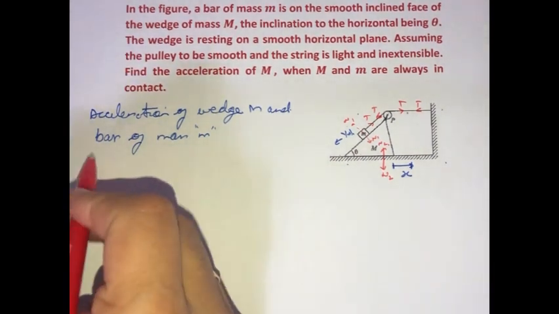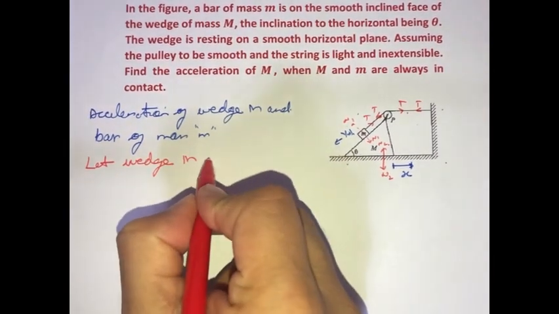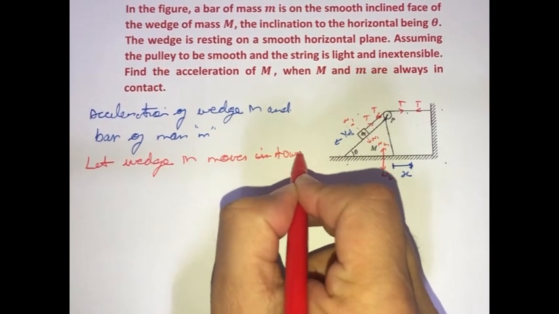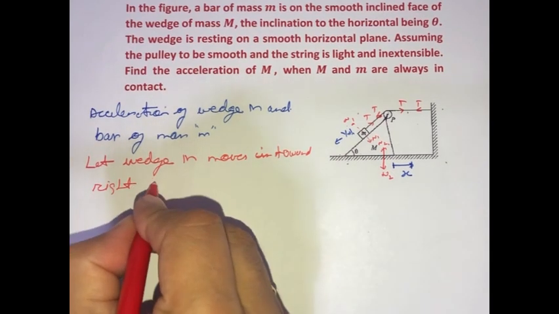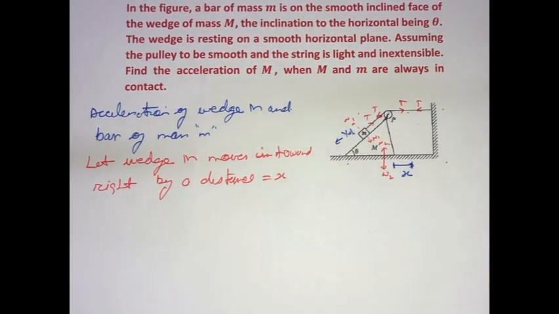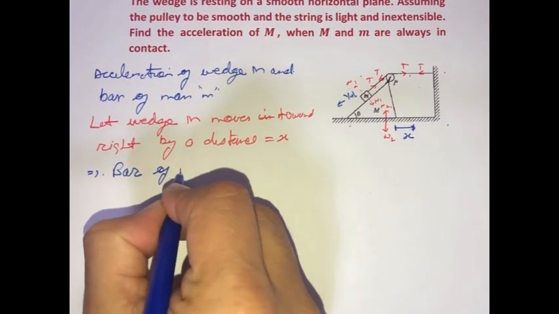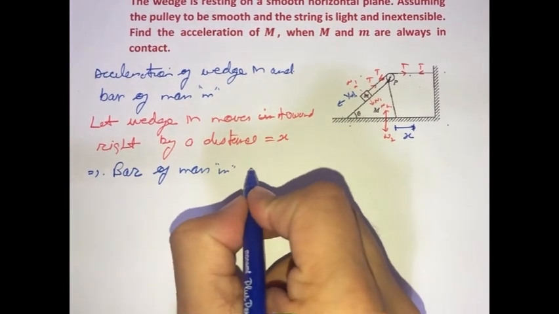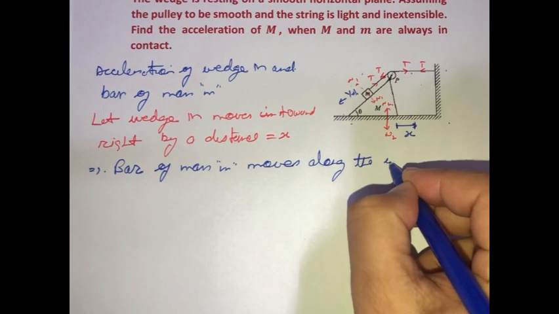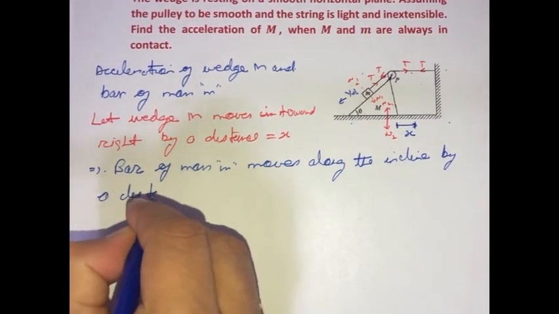So we can say that let wedge M move toward the right by a distance x, and this implies that bar of mass small m moves along the incline by a distance y.